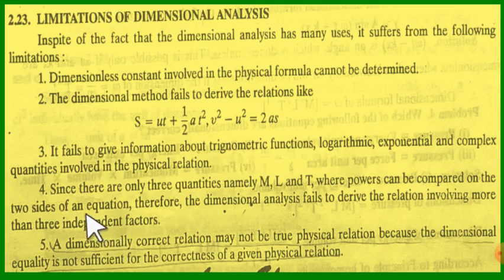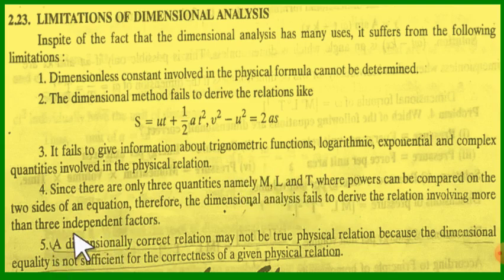Since there are only 3 quantities, namely mass, length and time, whose powers can be compared on the 2 sides of equations, the dimensional analysis fails to derive relations involving more than 3 independent factors. We can't use ampere, or thermodynamic temperature, Kelvin. We can derive only relations having only these 3 fundamental quantities, mass, length and time, which are also independent.